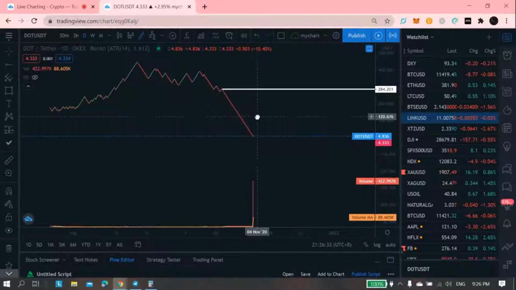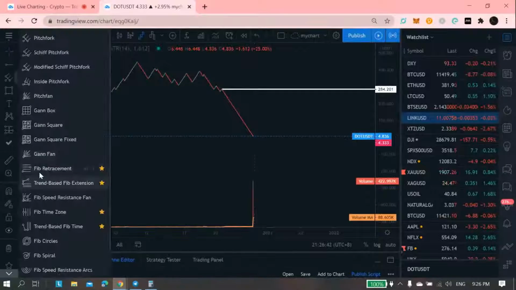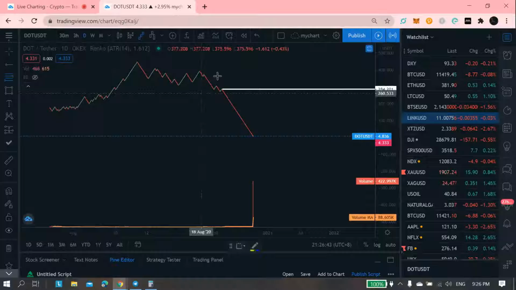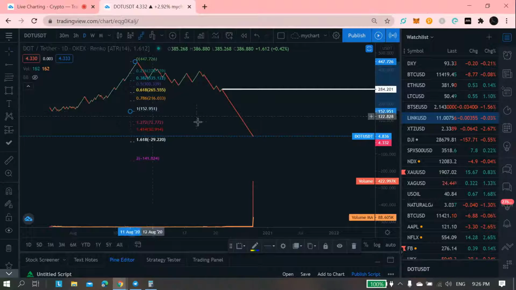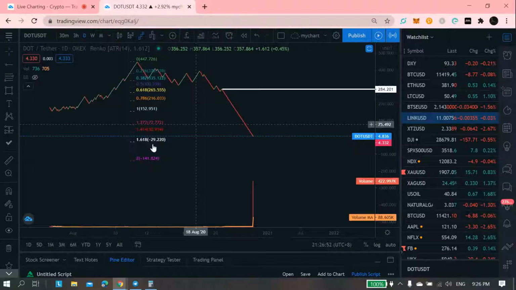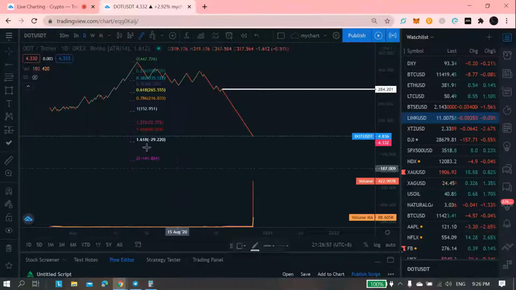The support, there's no support, it's a free fall, so we can use actually the fib. Let's measure it out to check on the possible support. It's now trading near 1.618, so could possibly, I don't know.